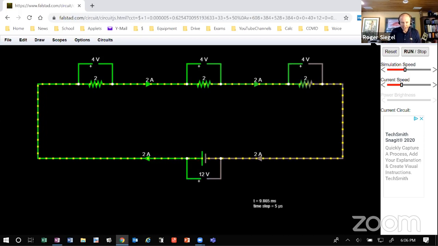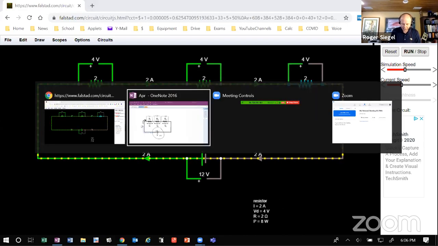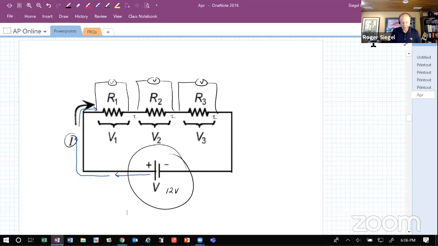You can see here's an ammeter here, here, here, and here. So there's ammeters everywhere throughout the circuit: 1, 2, 3, 4 ammeters. And then we have 1, 2, 3 resistors. So this is what we're trying to replicate, 3 resistors and a battery.